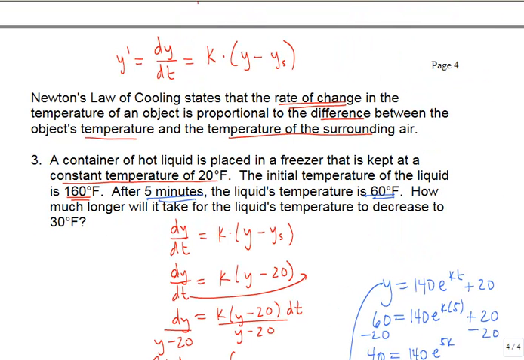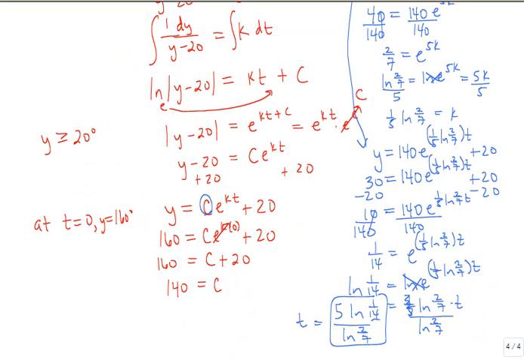So when we look at the way the question is worded up here, it says, how much longer will it take for the liquid's temperature to decrease to 30 degrees? And this is coming right after the sentence that says after 5 minutes, the liquid's temperature is 60 degrees. So if we subtract off that initial 5 minutes that it took to get to 60 degrees from our 10.5, then that means we're going to be left with about 5.5 minutes.